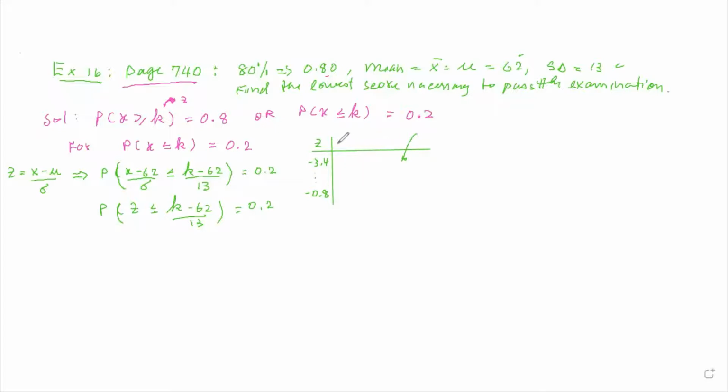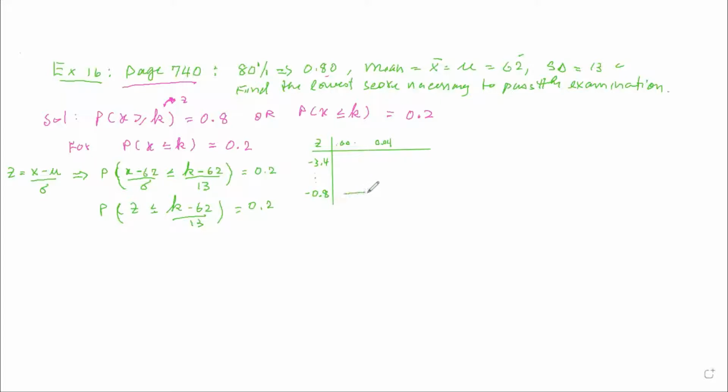So this one is 0.00, and then you lead it across to 0.04.